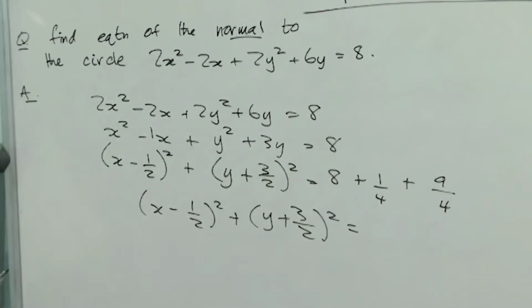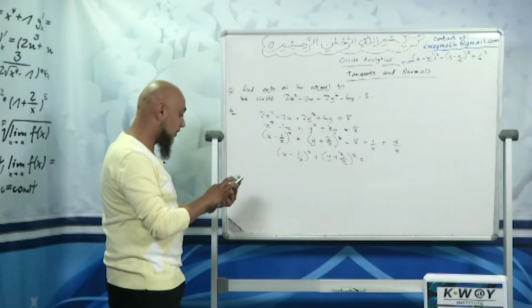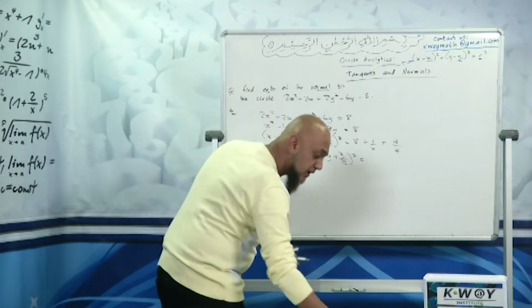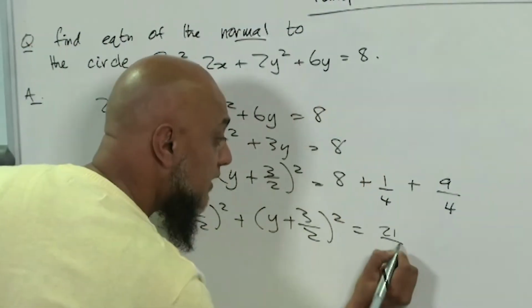Let's go to our calculators. 8 plus a quarter plus 9 over 4. We get 21 over 2, guys.